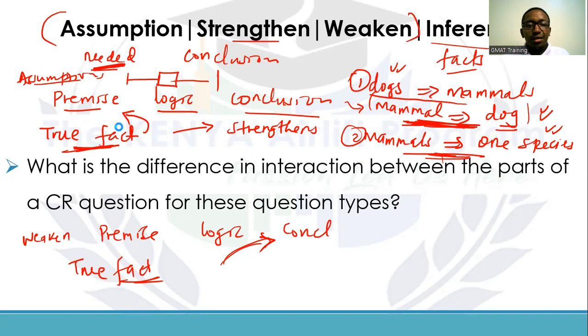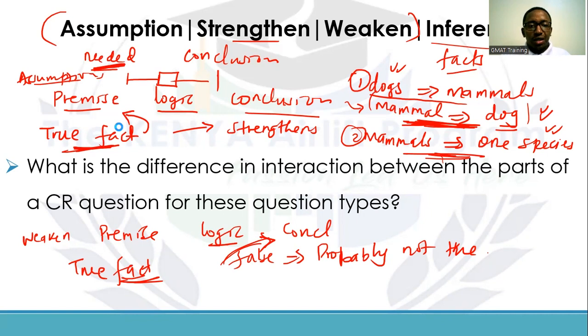It's not necessarily that it will lead us to conclude that this conclusion is false. It doesn't have to be false. It just has to be probably not true. So this means that this fact can probably break the logic that was used. The way the premise and the conclusion were connected, it breaks that or gives us more information that contradicts this conclusion.